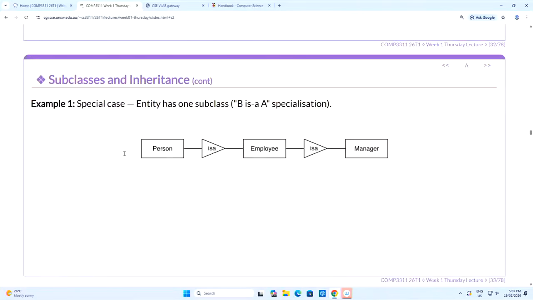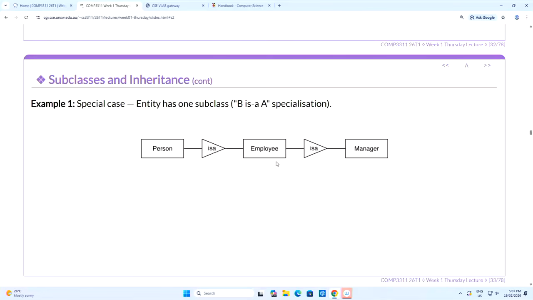This is how inheritance works. In example 1, it has only one subclass. So manager has only one superclass, and employee has only one subclass. In this case, we just put is-a here, and this shows the inheritance of these entities.